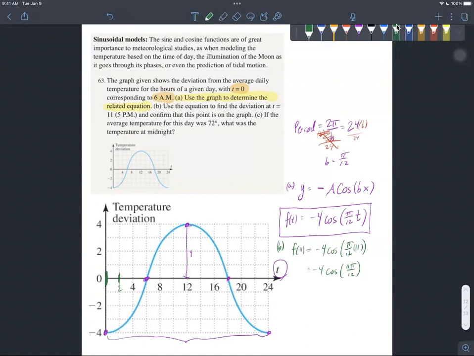7, 8 a.m., 9, 10 a.m., 11, 12 p.m., 1, 2 p.m., 3, 4 p.m., and then so 6 p.m. here is at 12, which makes sense. 6 p.m. is 12 hours later than 6 a.m. And so we wanted 5 p.m. So here we go.